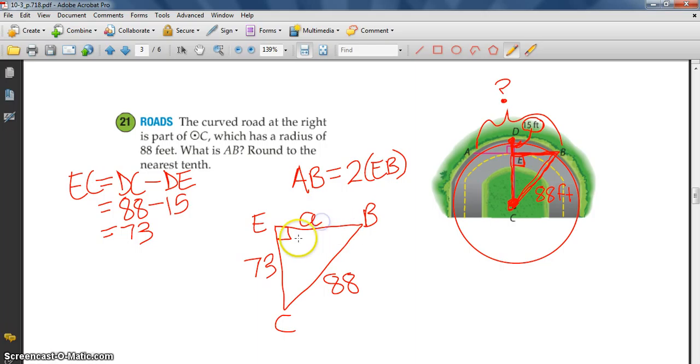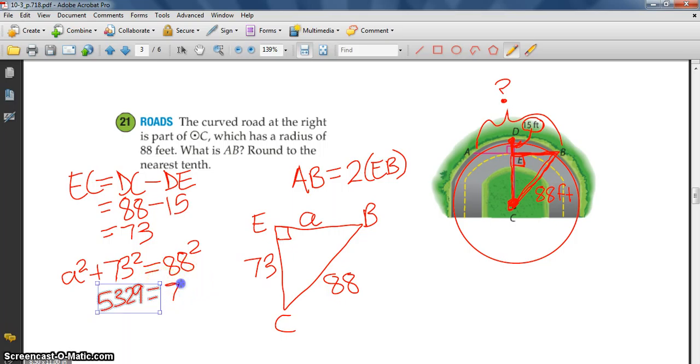So we'll call that A. Using Pythagorean theorem, we have A squared plus 73 squared is equal to 88 squared. 73 squared is 5,329. 88 squared is 7,744. We should still have A squared over here.